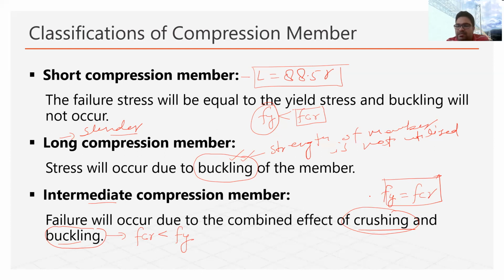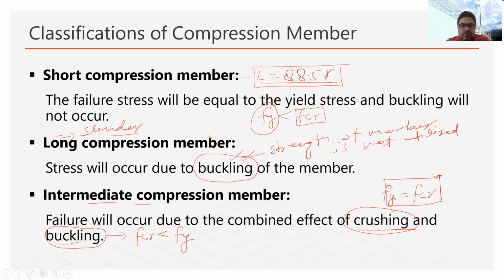If such combined effect occurs in the member, then the member is termed as intermediate compression member. This intermediate compression member will fall between short and long. The length of the short compression member can be calculated as 88.5 times R.